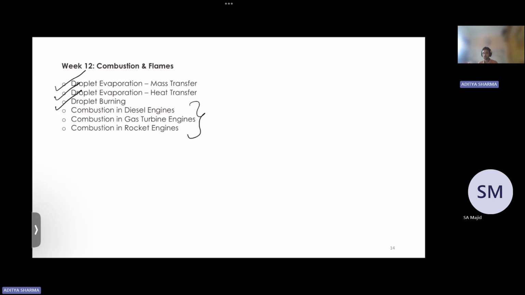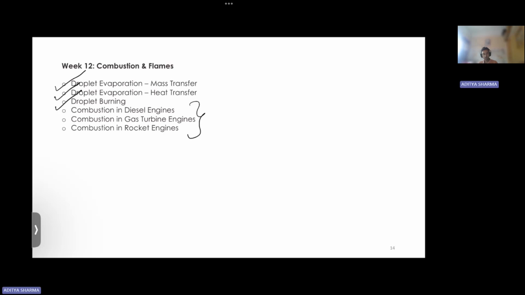Then we saw the rate of these chemical reactions that take place during combustion reaction. After that, we did thermodynamics of reactive systems. So the thermodynamics that revolve around these reactive systems has been discussed. And at last, the discussion revolves around the flames.